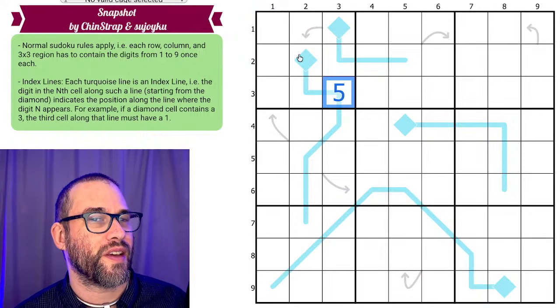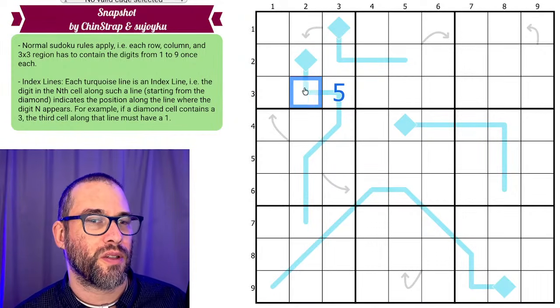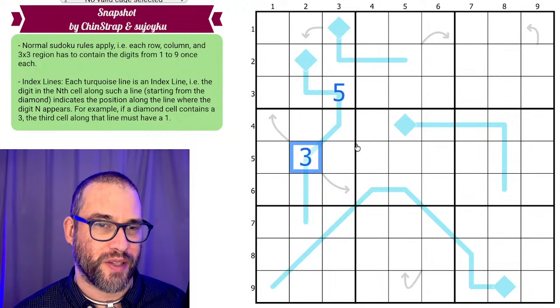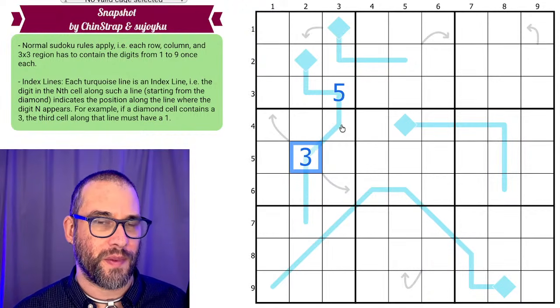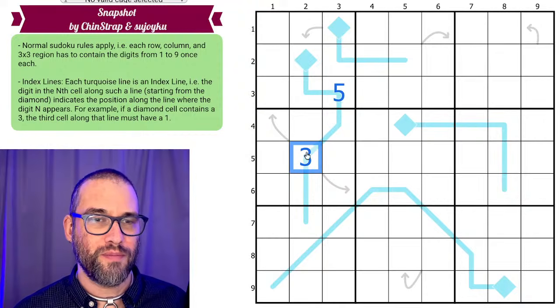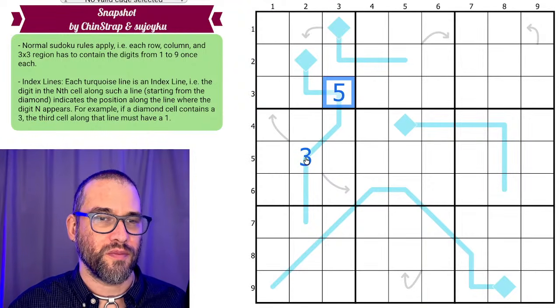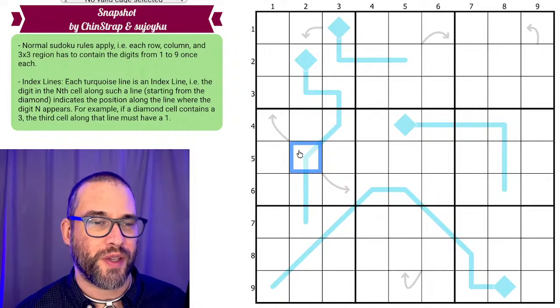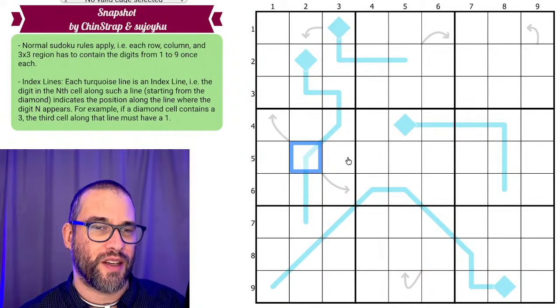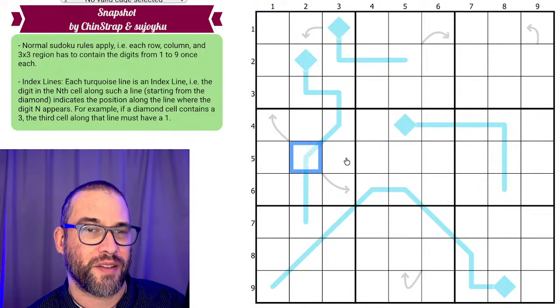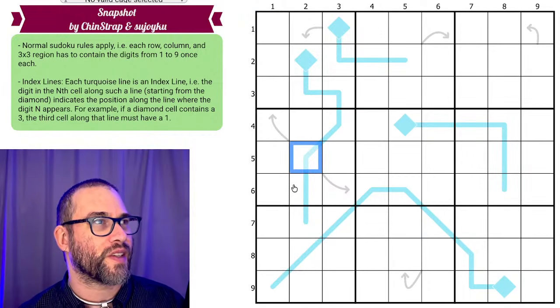So if that's like a 5, then that would have to be a 3, for example. And these reference each other. You always get pairs of cells referencing each other and the occasional cell that references itself.